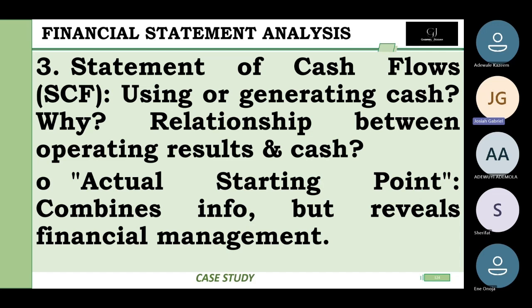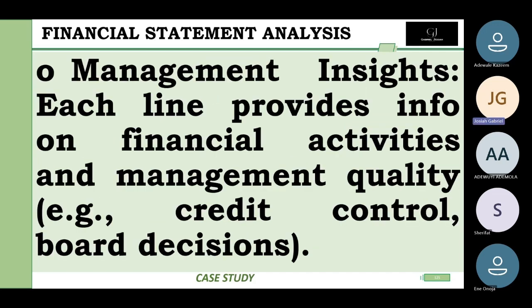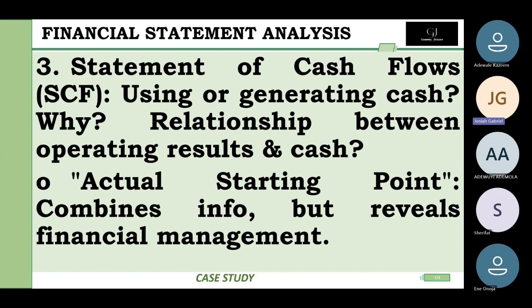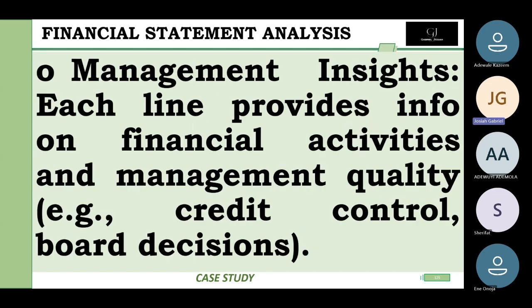It's actually the starting point because it combines information in the SCI and the SFP, and it reveals the actual financial management of the company. So management insights speak to each line of these financial statements, providing financial activities and management quality, credit control, and board decisions, which are very pivotal in the preparation of these financial statements.